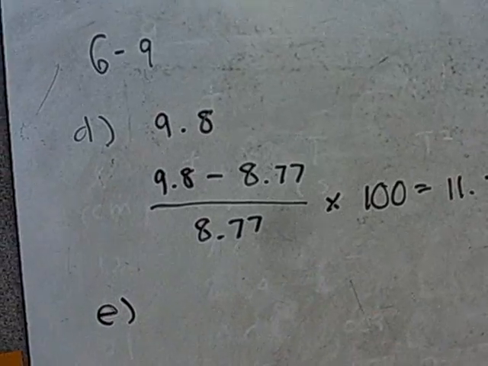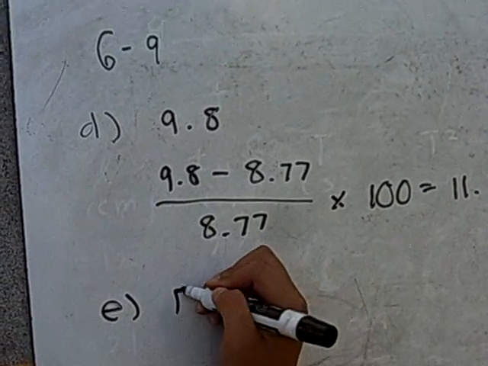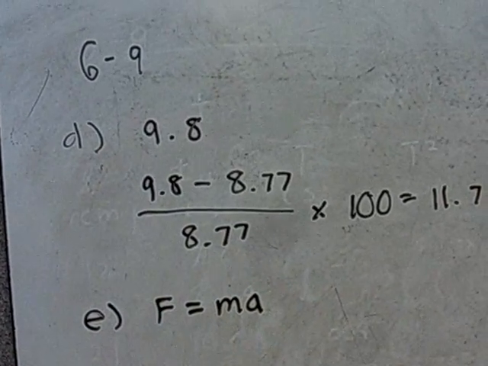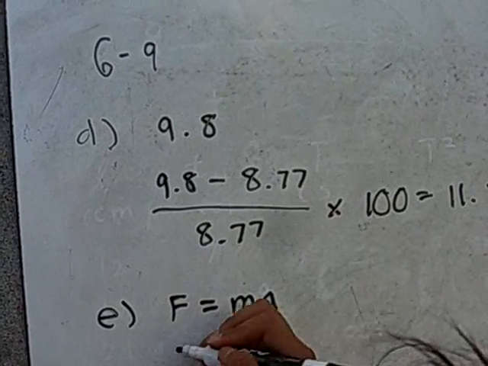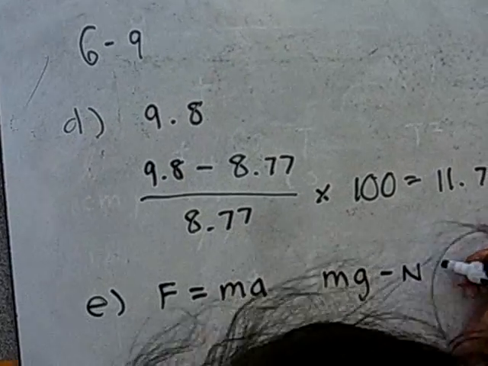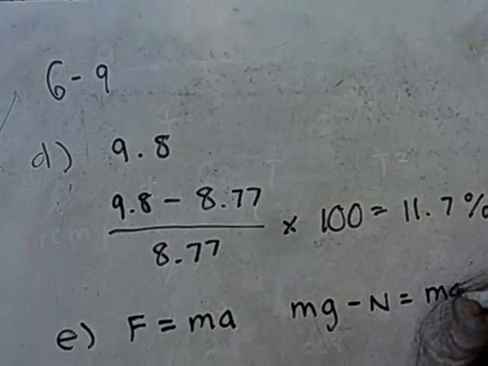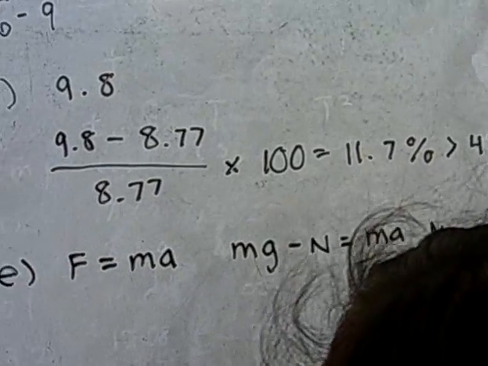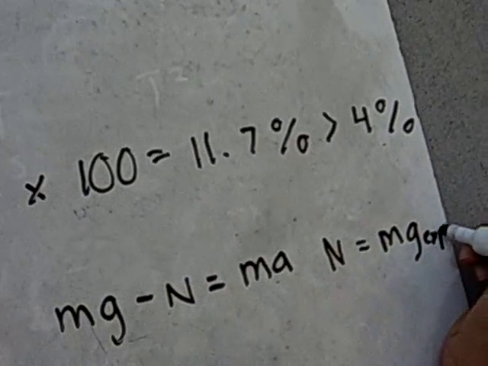And then for part E, you're going to be using Newton's second law, F equals ma. Kind of random in the problem, but yeah. All the forces acting on it is going to be mg minus normal force, and that's going to equal ma. In this case, n is going to be equal to mg, and the g is going to be your experimental g value.